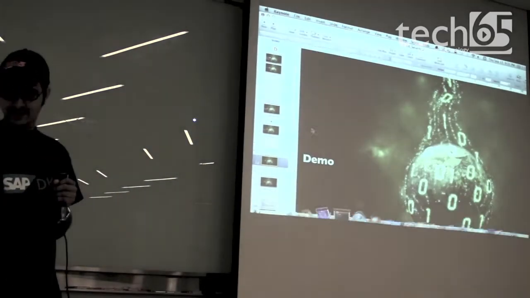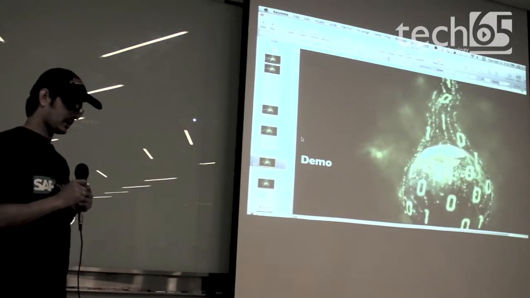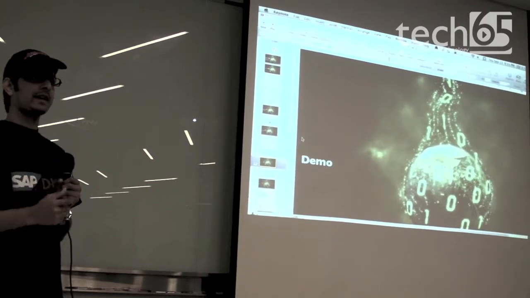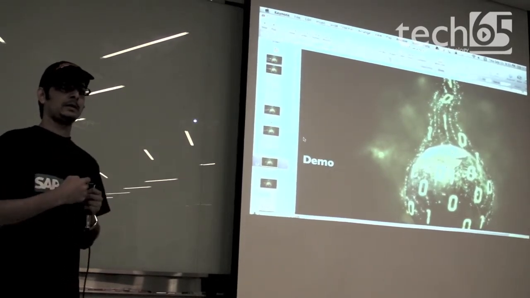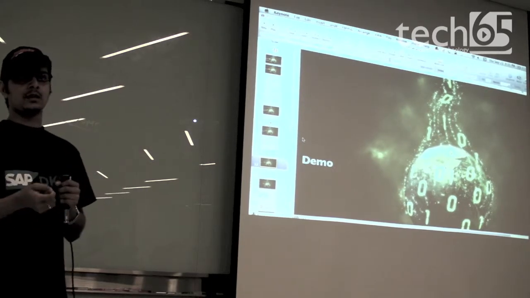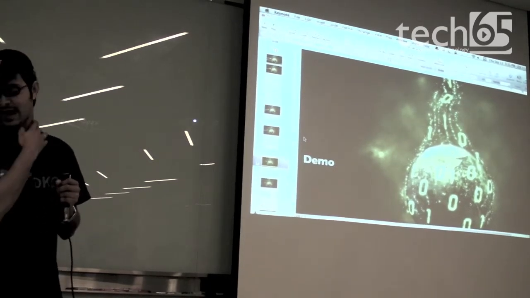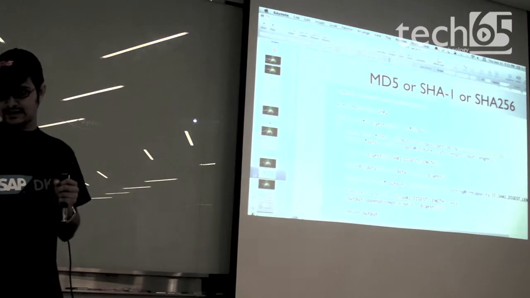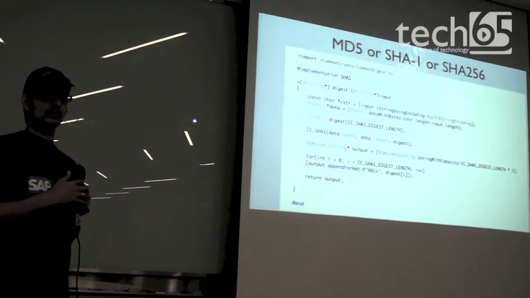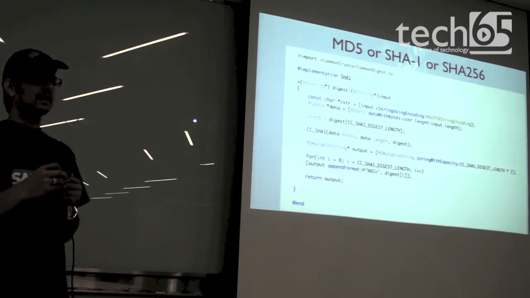So the basic level of security that you can do is create a hash on the client side itself, like an MD5, SHA-1 or SHA-256 hash. The way this digest works is one way.